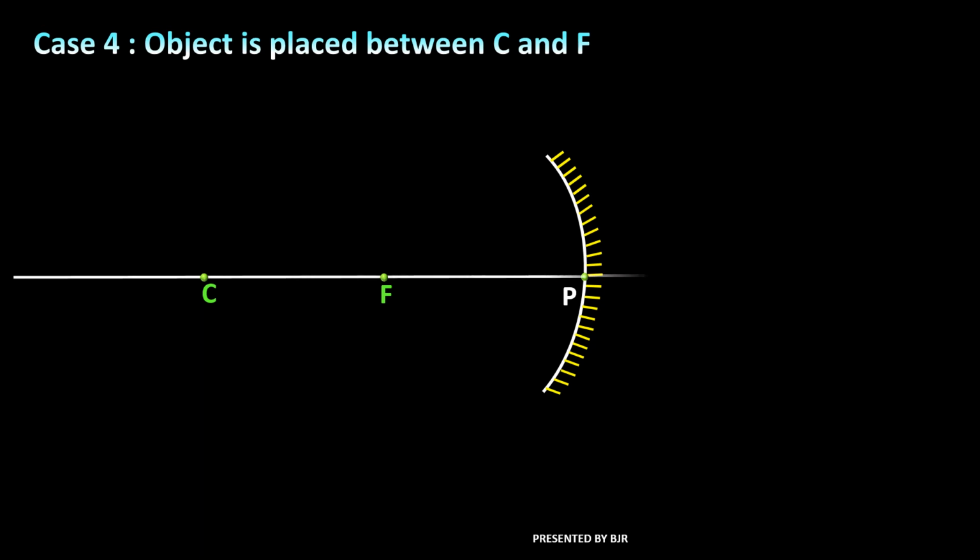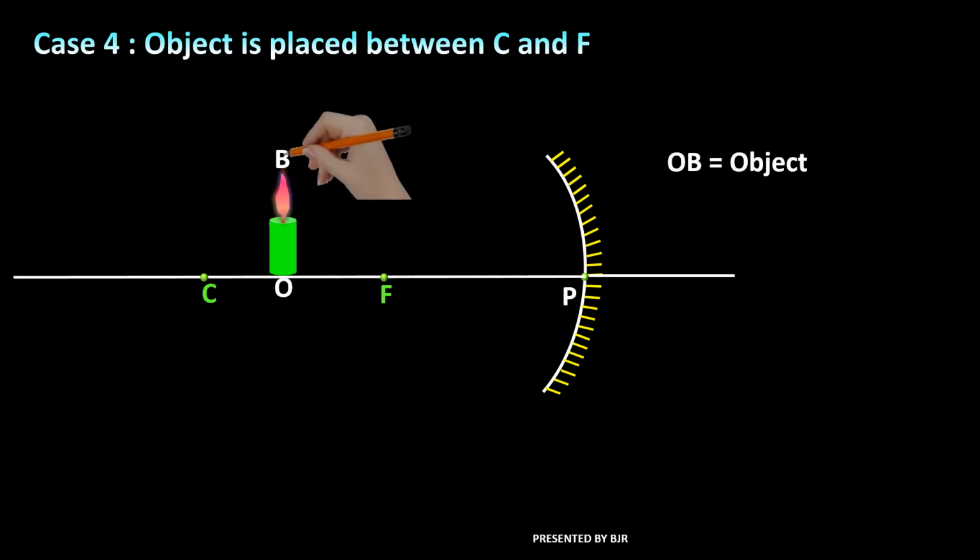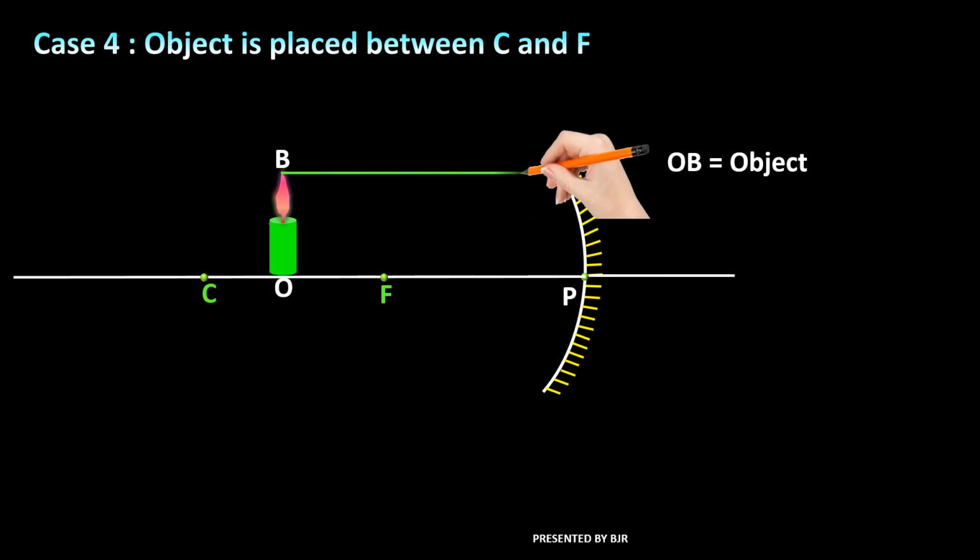The same ray diagram I am showing you by using the symbol. Here is the object OB. First I am drawing ray 1. Okay.